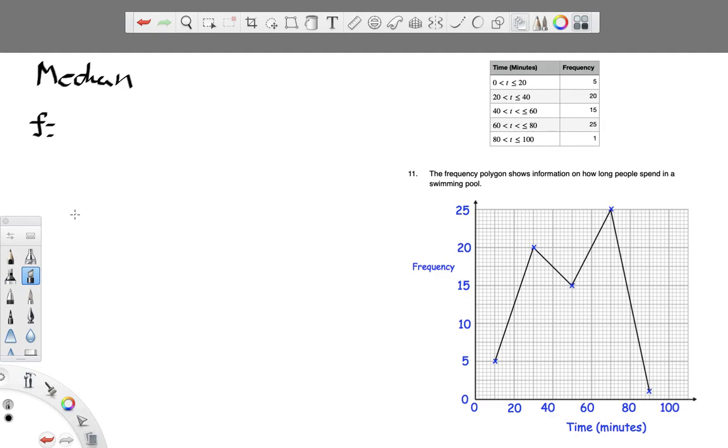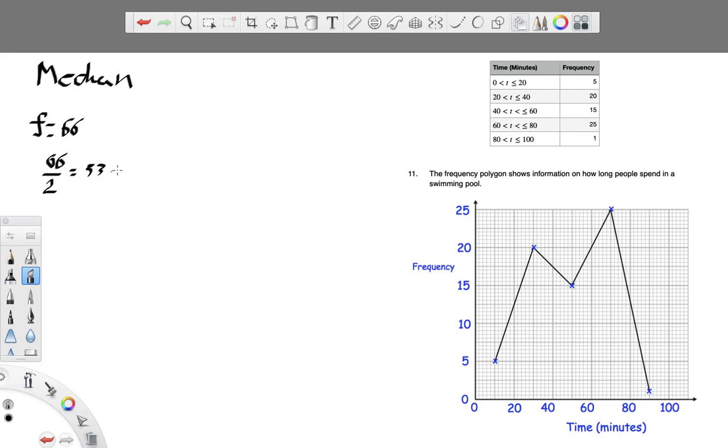So adding that together, we get 5 plus 20 plus 15 plus 25 plus 1. And those added together gives us 66. So the total for the frequency is 66. What's the median? It's the middle value. So if we take the sum of the frequency, 66, divide by 2, we get 33.